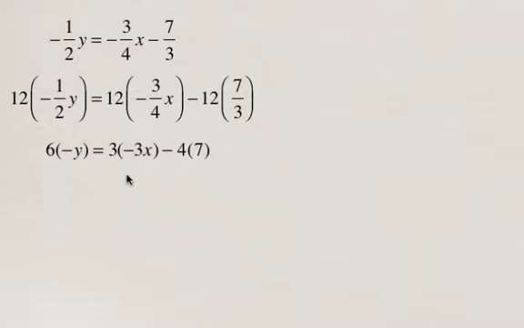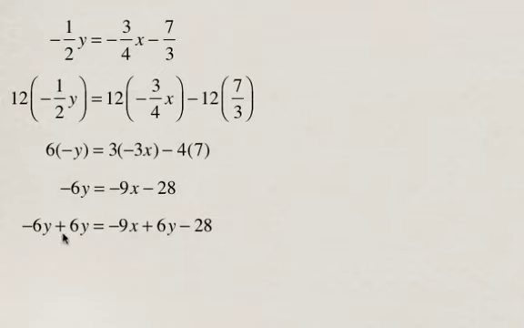Now we multiply everything to simplify, and we end up with negative 6y equals negative 9x minus 28. Now what we have to do is add 6y to both sides to get rid of the 6y term from the left-hand side. This side simplifies to be 0, so we switch that over to the right-hand side, and we end up with 9x plus 6y minus 28 equals 0.